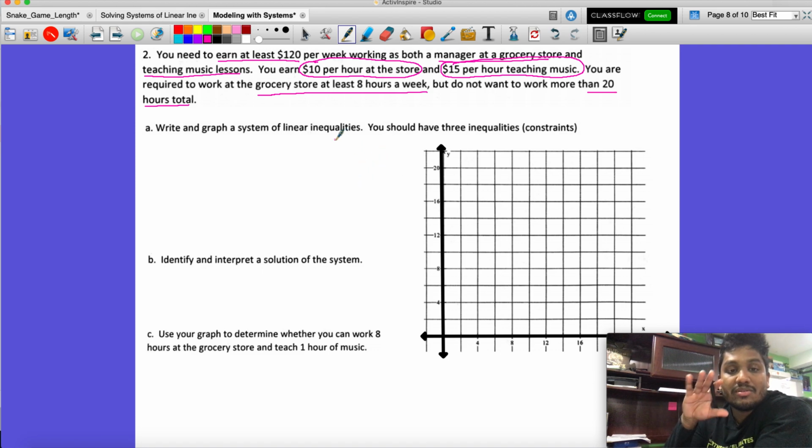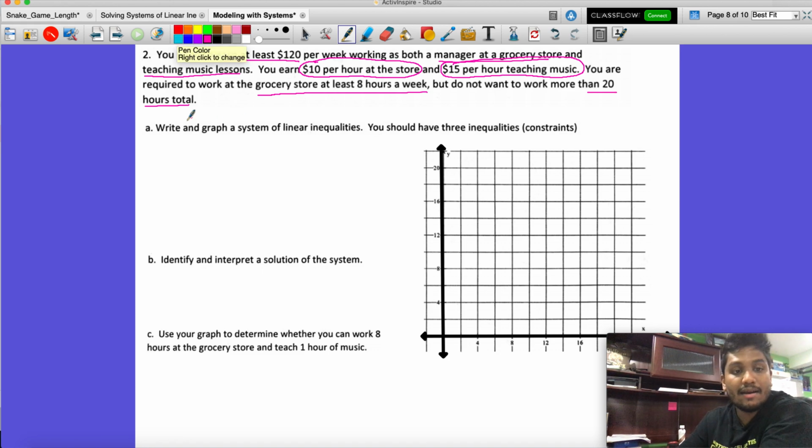Okay, so let's start working with some variables. That's usually the first thing. The variables should always represent not just the units, but what it is that you're talking about and the goal you're trying to get to. So we're talking about the number of hours he's teaching music and working at the grocery store.